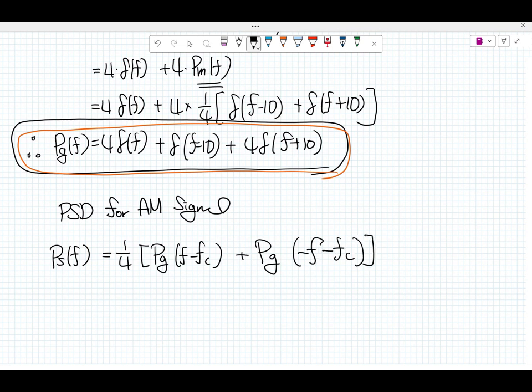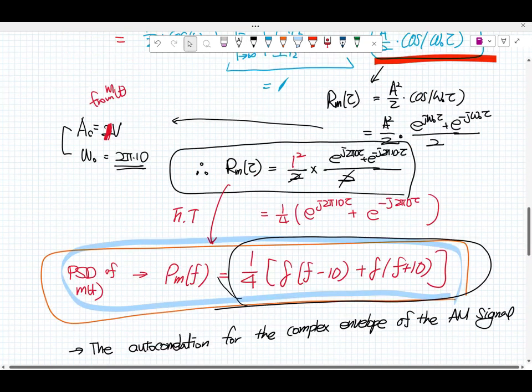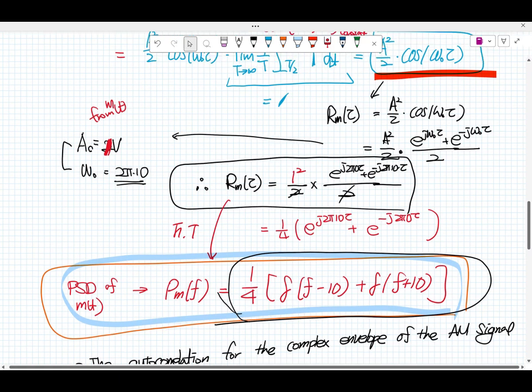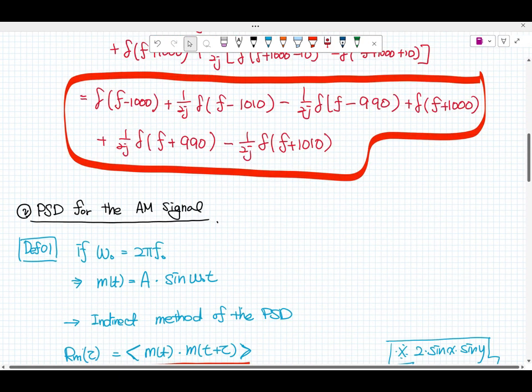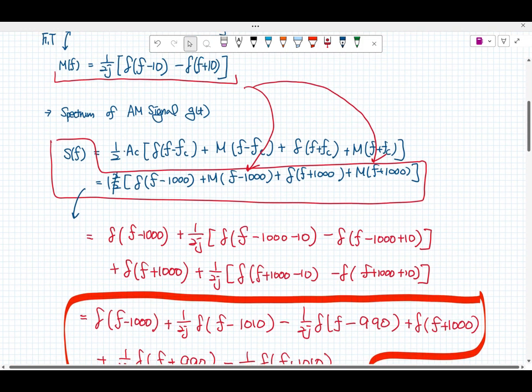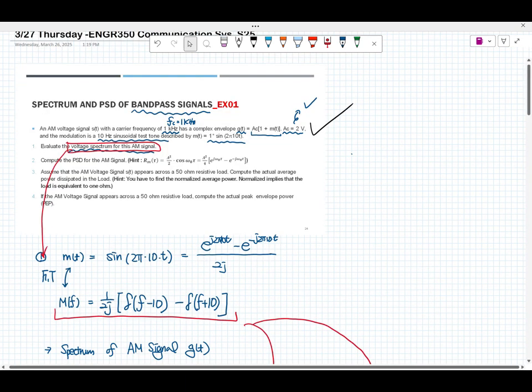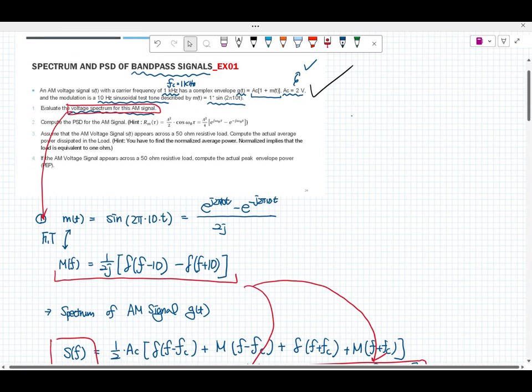So the carrier frequency, go back to here. 1 kilohertz, right?